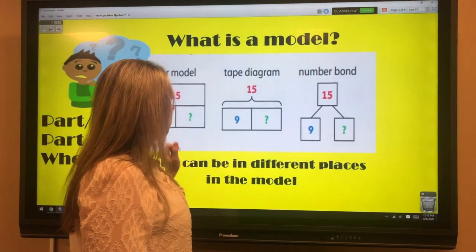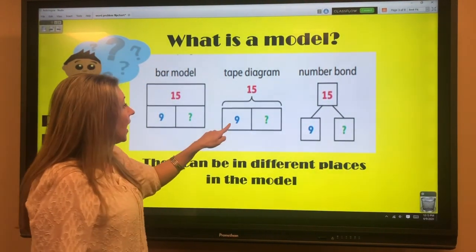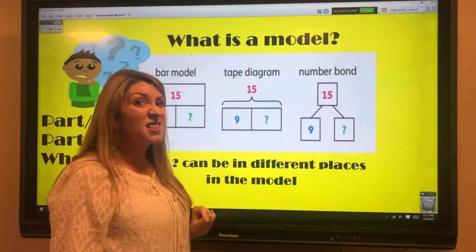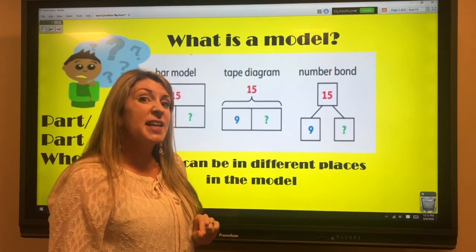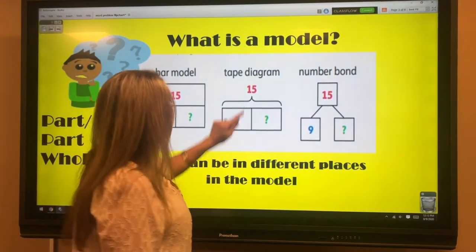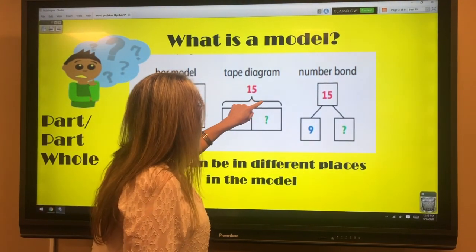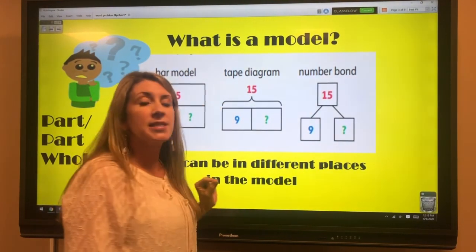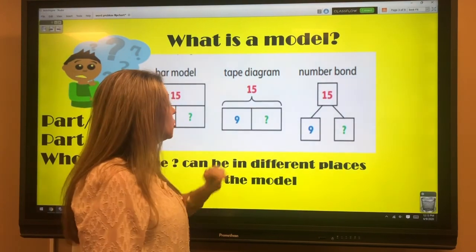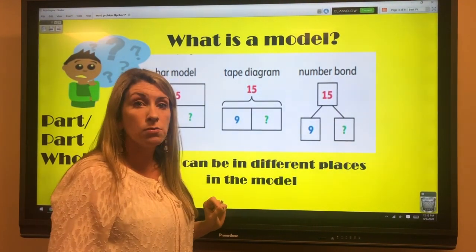The next model we will look at is a tape diagram. A tape diagram is a lot like a bar model because it has the 2 parts together and the whole is by itself. And it has a little arrow pointed to the whole to show that those parts go together to equal that whole.